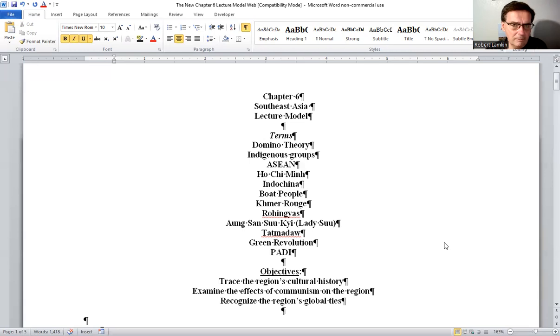And I will spend some length talking about her. Tatmadaw, this was the Burmese military in Myanmar, basically setting up an army state.